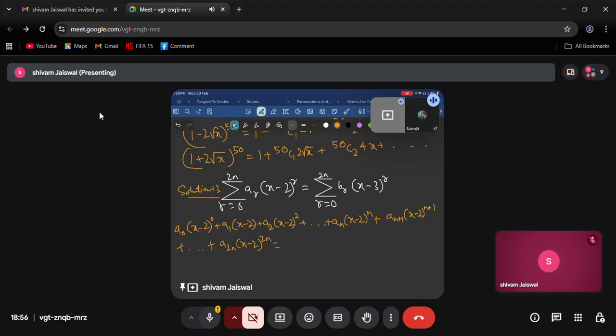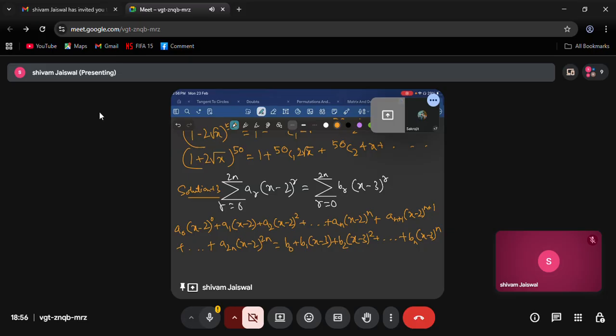This will be equal to b0 plus b1 into x minus 3, plus b2 into x minus 3 whole square plus dot dot dot dot plus bn into x minus 3 whole to the power n.